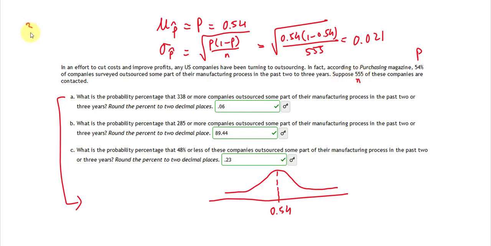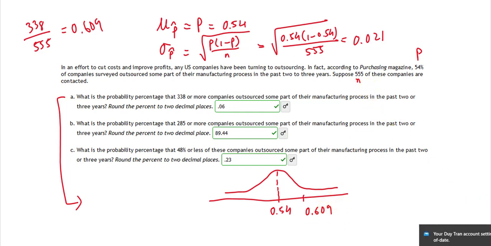So let's find that ratio: 338 divided by 555 gives 0.609, which is above 0.54. So we put 0.609 here, and we are looking for the percentage of that or more. Or more means bigger than, so you are looking for the right area. The probability is the area.